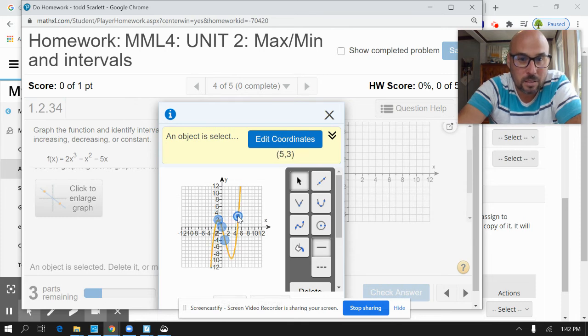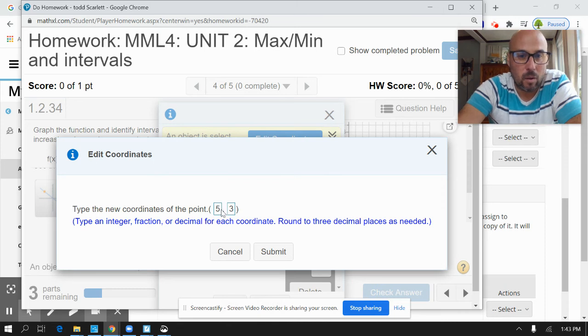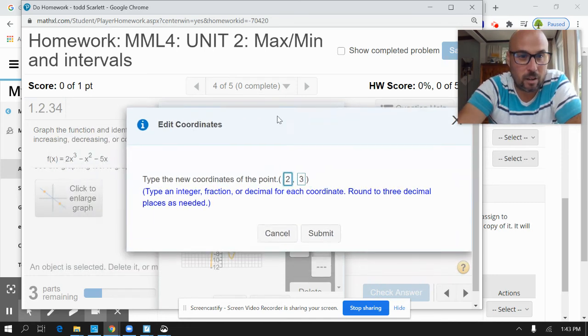And then my last one, I think they lock it once you edit the coordinates. This last one is a free mover. 1 and negative 1 are already chosen. I really don't want to do decimals. I could put in 0.5, but I enjoy my life and I don't want to suffer through that.